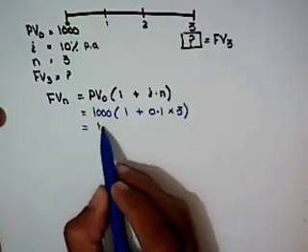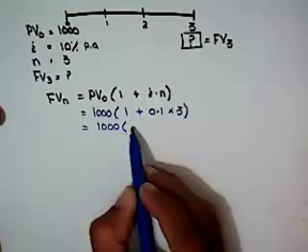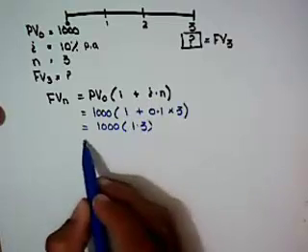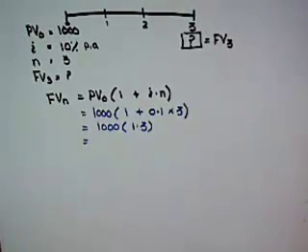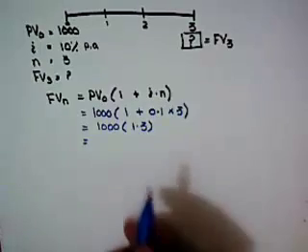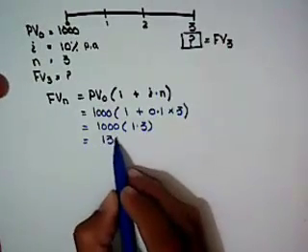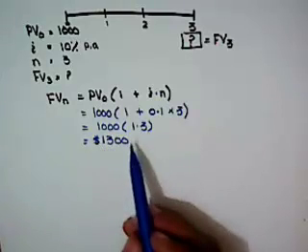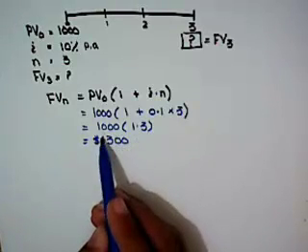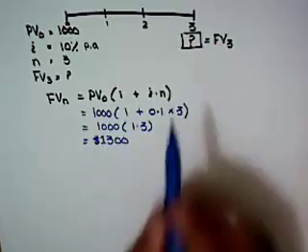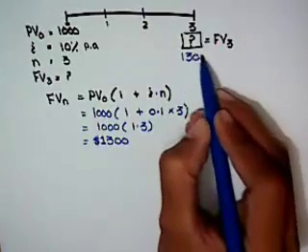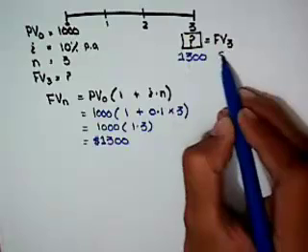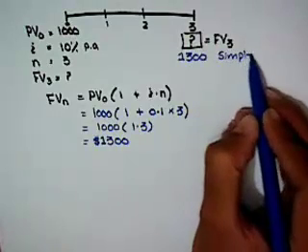So this is 1000 multiplied by 1.3, and this is equal to 1300. So 1300 was our answer according to the simple interest calculation.